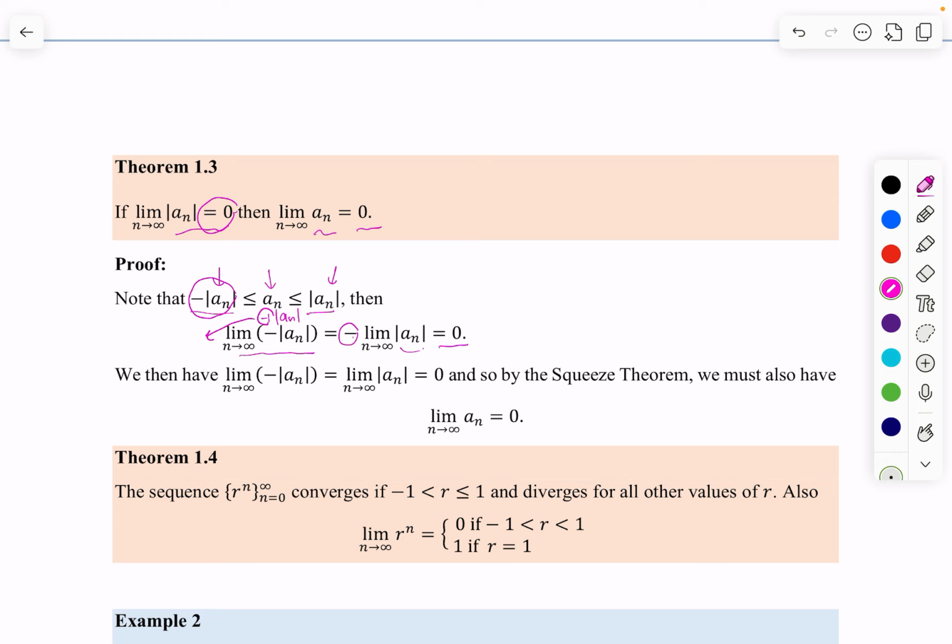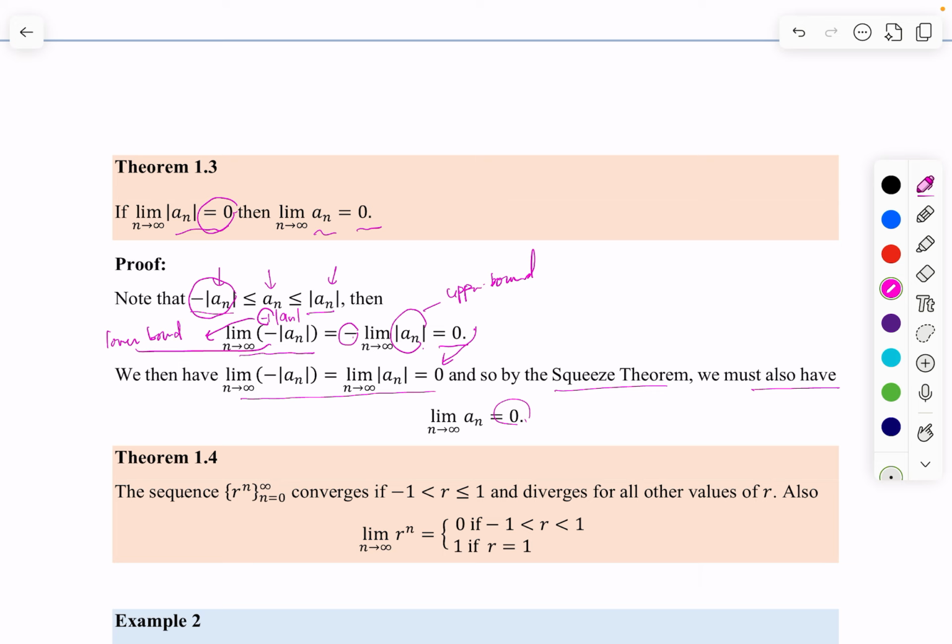Okay, and then we have a limit, this one, the same thing as what has been explained here. By the squeeze theorem, we must have the limit of a_n also equal to 0, because the limit of the lower bound is equal to the limit of the upper bound. This is the upper bound, this is the lower bound.